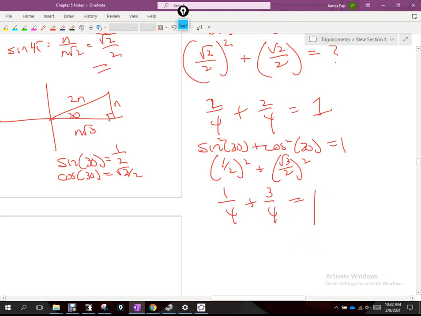1. Okay. Now, you're seeing that that's true for 30 and 45, right? It's going to be true for 60. It's going to be true for 150, because 150 references back to 30, right? 210 references back to 30. 45 references to 135, or 135 references to 45, also to 225, and also 315. 30 is a reference for 150, 210, 330. 60 is a reference for 120, 240, and 300.